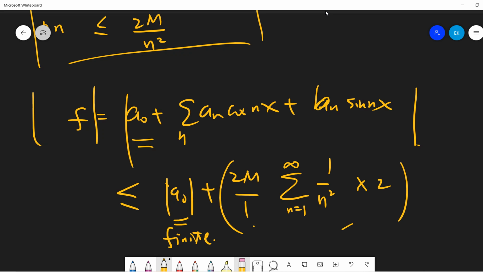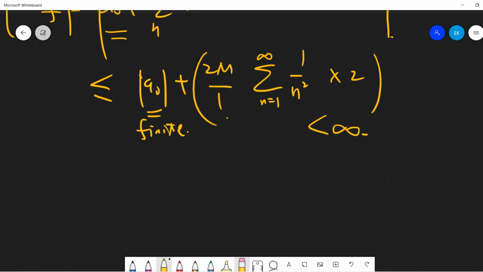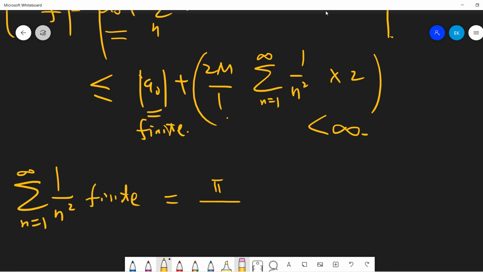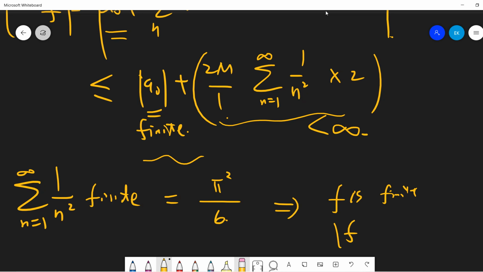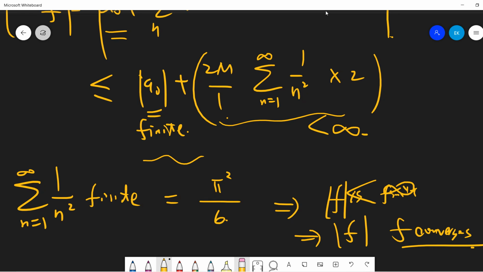So this is finite, because we all know that the sum of 1 over n squared is finite. Moreover, you know that this is pi squared divided by 6. So this is finite, which tells you that the series is absolutely bounded, less than infinity, which tells you that the series converges. Okay, so this is the proof.